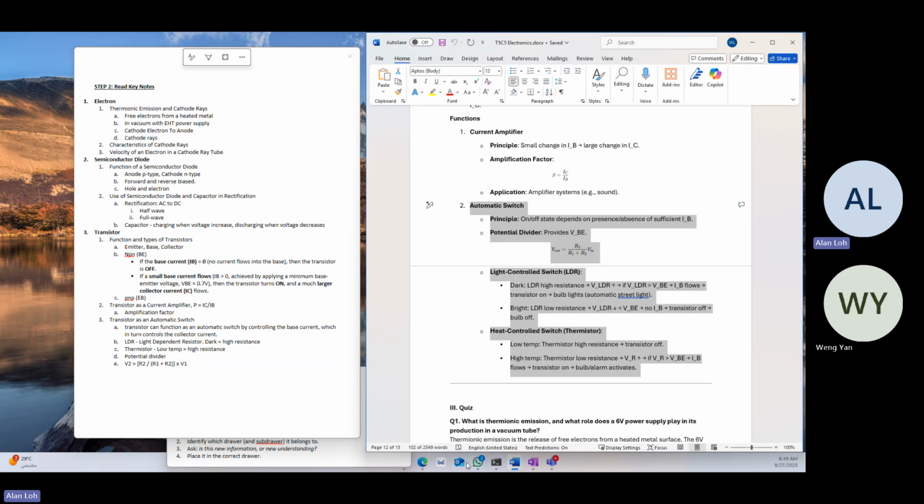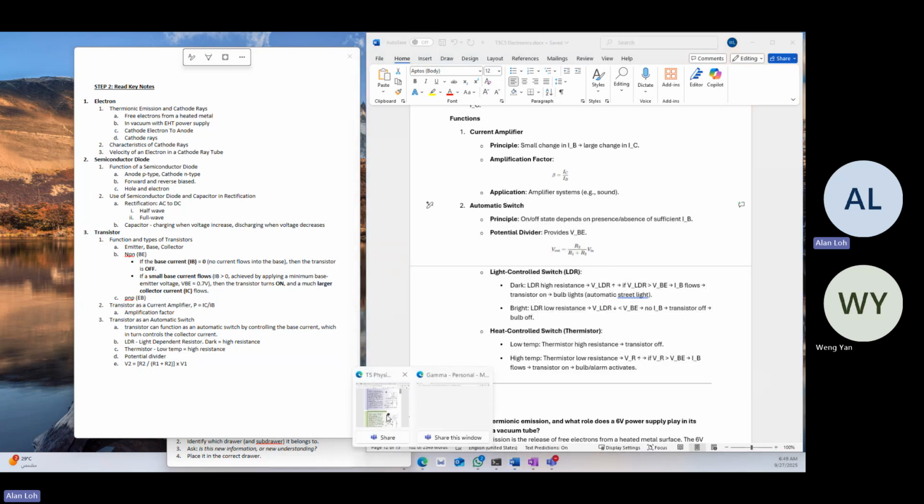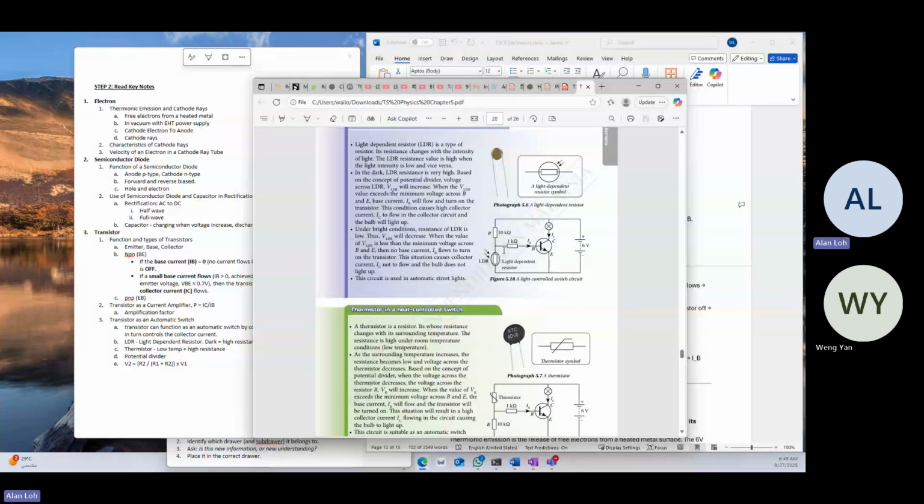Okay. Let me tell you something that I thought of just now. Okay, let me explain this one more time. This is like the automatic switch, and this automatic switch is a very small current. So this very small current, once it is triggered, will trigger another bigger current, right?